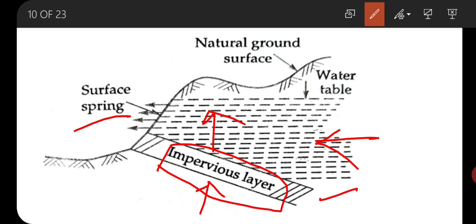This type of spring is known as a surface spring, and the quantity of water available from such a spring is quite uncertain.